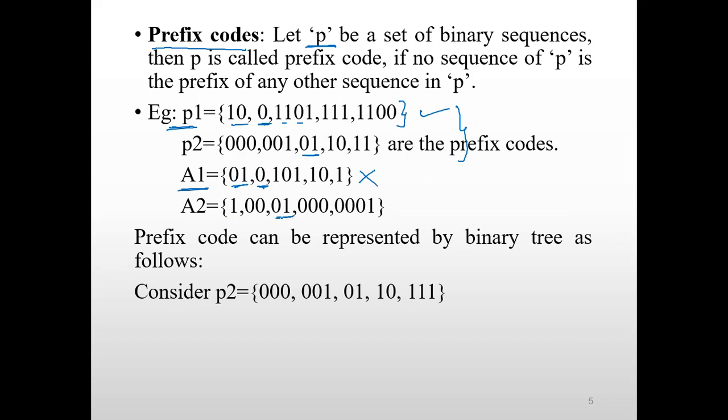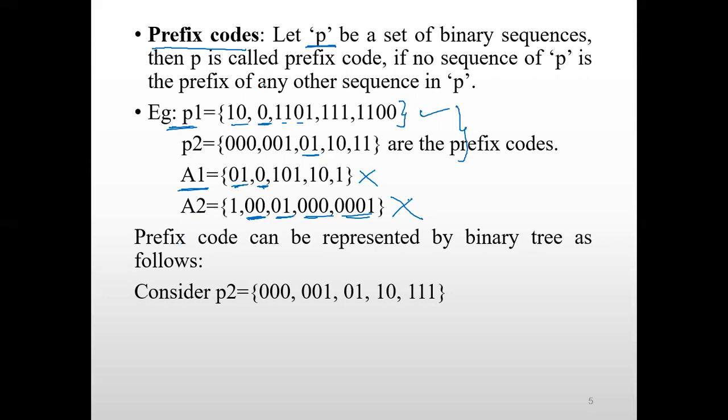And here it is not a prefix of any other sequence, but if we consider 0, 0, it is a prefix for the sequence 000 and also the sequence 0001, because 000 starts with one of the sequences in A2, that is 00, and also here 00 is the prefix for these two sequences. Hence, again it is not a prefix code.